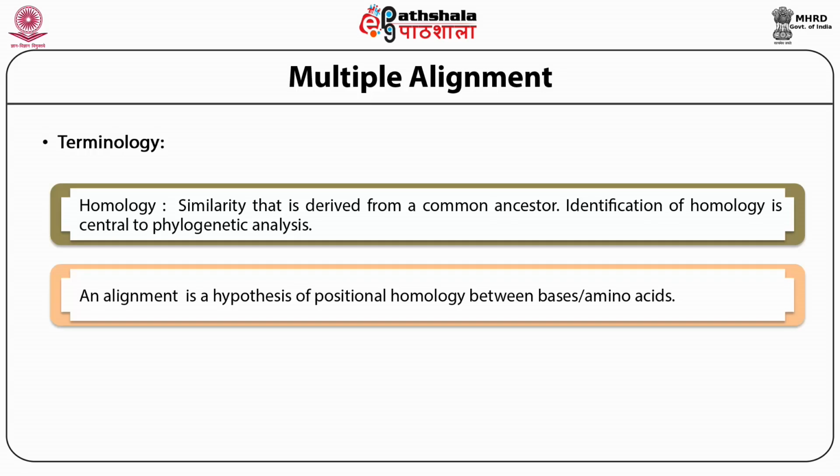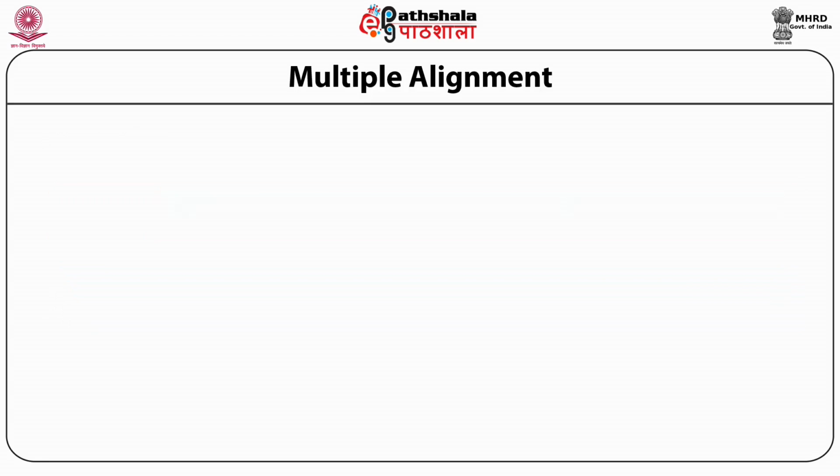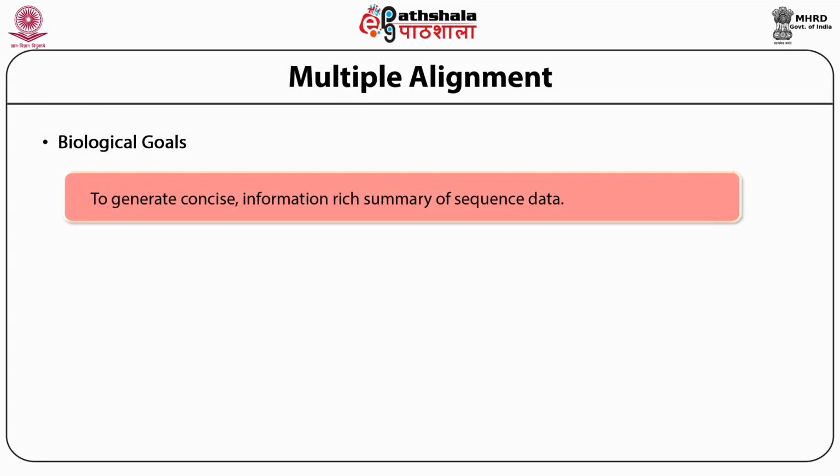And that has important consequences in many areas, including evolution, structural biology, functional areas like genomics, and so forth. So the goal of multiple alignment is to generate a concise, information-rich summary of sequence data.